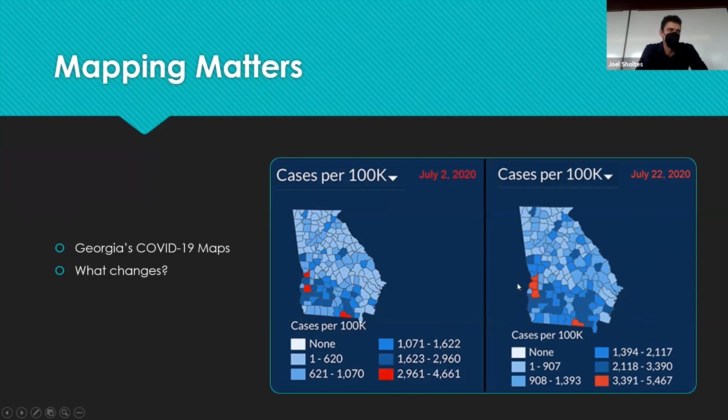So now the red, which is obviously a really important visual communication tool, red really stands out against blue. The threshold changed from 2,900 now to 3,300. And so some states that might be in this dark blue would have been red over here, now they're not. So they're kind of moving the bar, right?